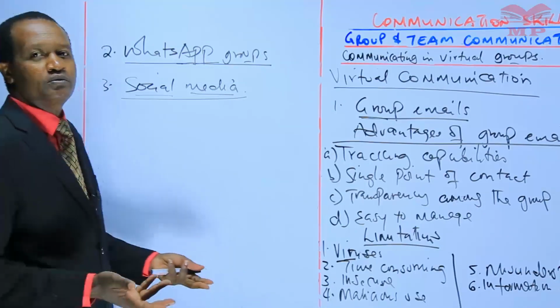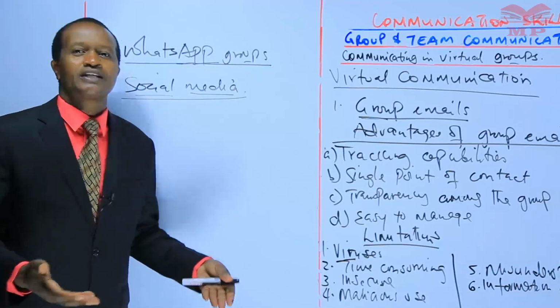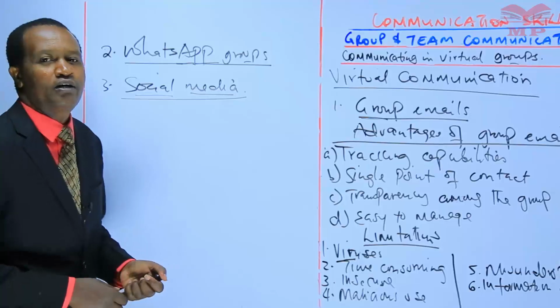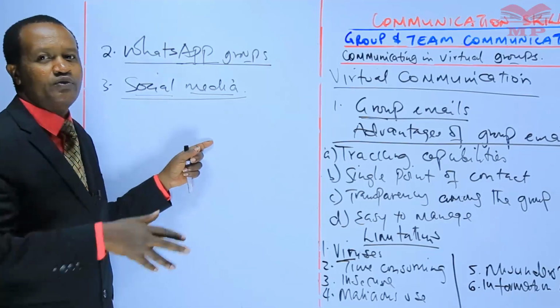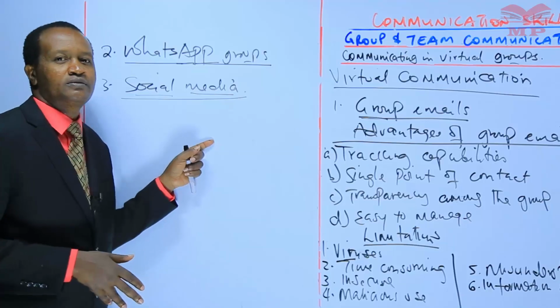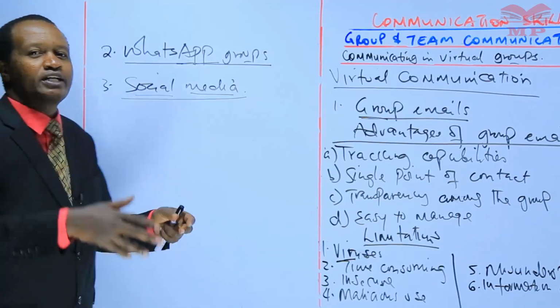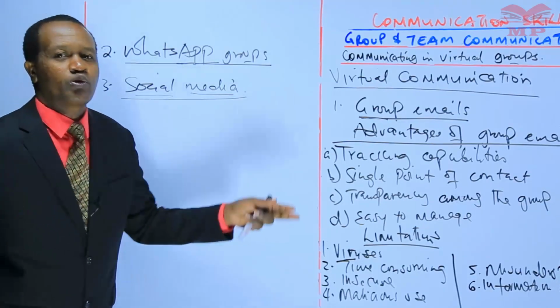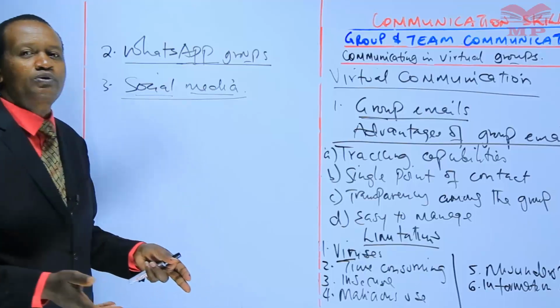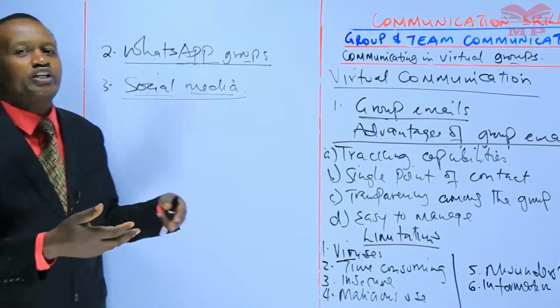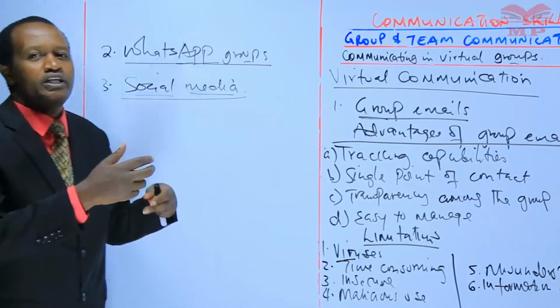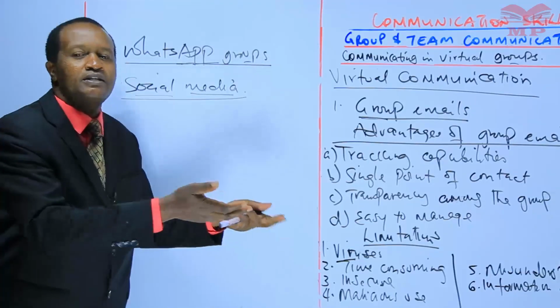Facebook, today as I'm speaking, is the largest social media network with billions of active users. The users create personal profiles on Facebook. They add other users as friends. They exchange messages on Facebook, including status updates.